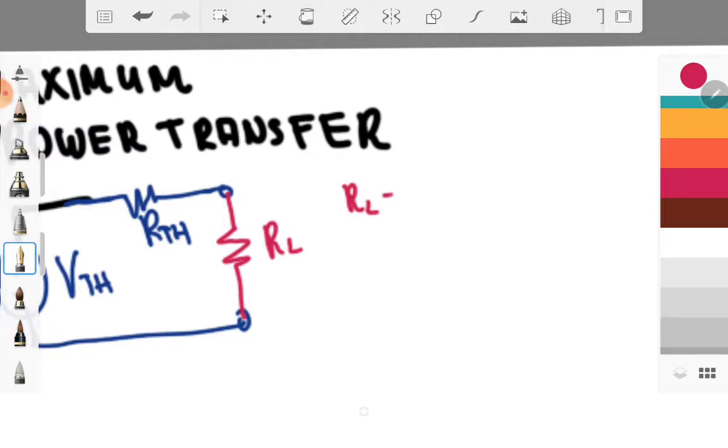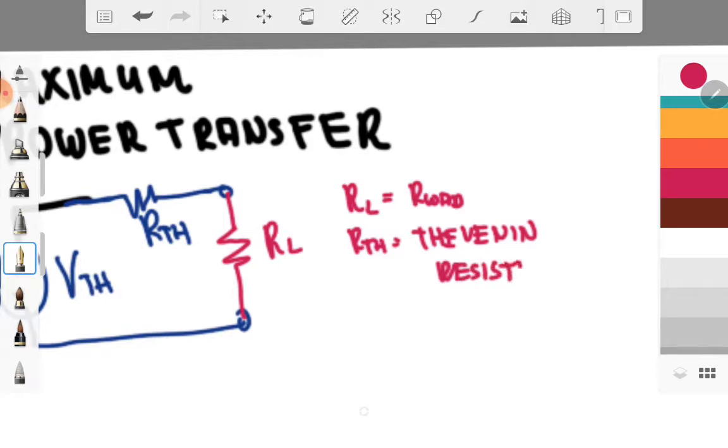So when you're talking about maximum power transfer, you are talking about the maximum power that can be transferred to your load. Take note that your RTH is the Thevenin resistance, or the resistance of the circuit, or it represents the characteristic of the whole circuit, that is your RTH and your VTH.